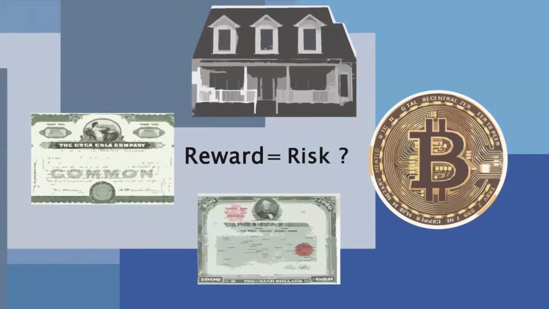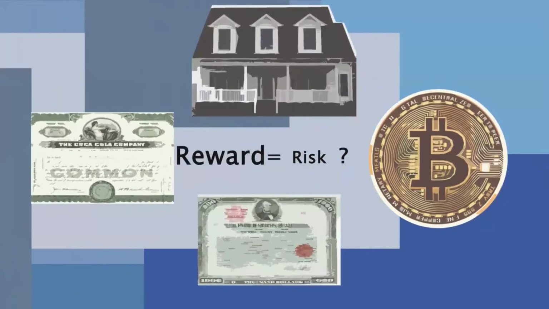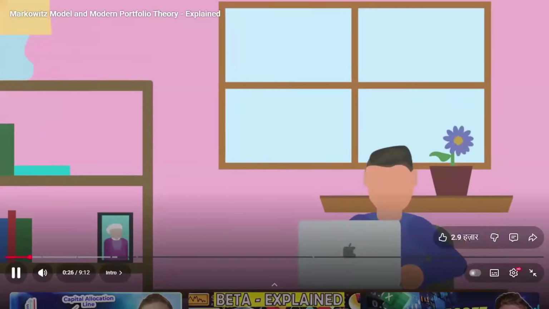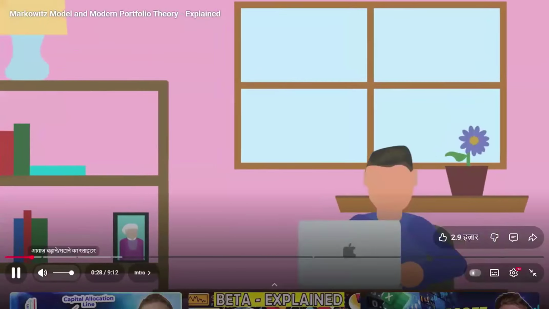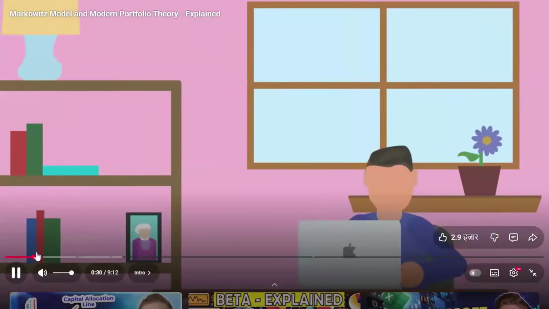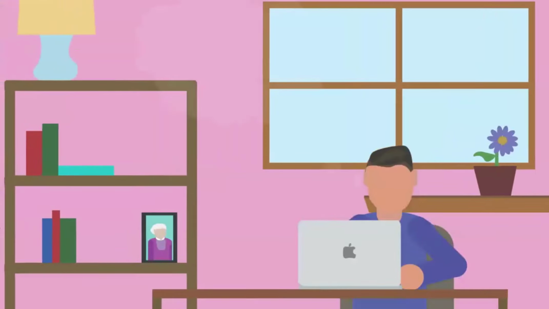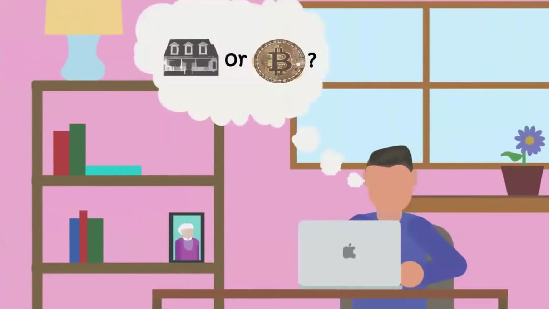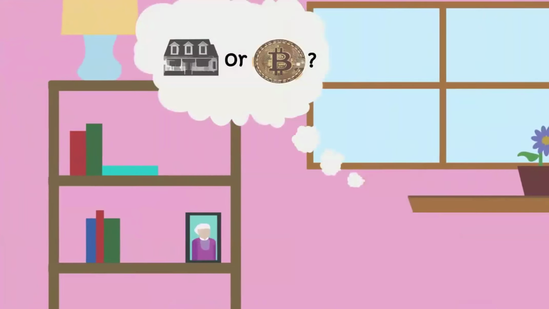And is there a way we can get the most amount of reward without taking too much risk? Well, in today's video, we're going to explore just that topic using the basics of modern portfolio theory. And hopefully, after watching today, you too will be able to balance your portfolio better to match your particular risk level. Maybe this will change your entire view on risk and how you go about making even basic life decisions.